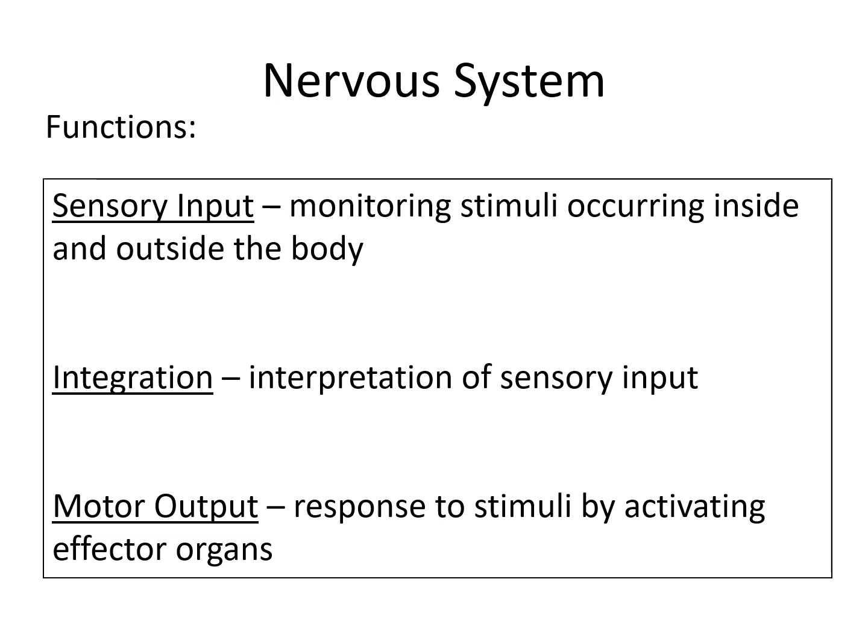Now let's see what the functions of the nervous system are. The first is sensory input, monitoring stimuli occurring inside and outside the body. All the sensations are carried by ascending tracts, that is through the dorsal column pathway or the spinothalamic pathway. Next is integration, the interpretation of sensory input. Whatever sensation or information is carried to the central nervous system will be processed by the brain.